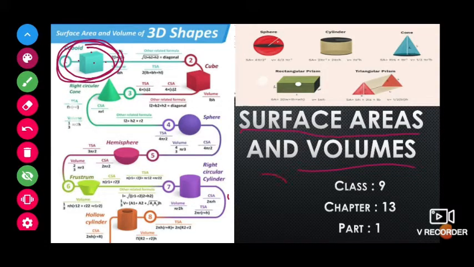We cannot find volume for a 2D shape. For example, if there is a circle, can you find the volume of the circle? No, children, because it does not have any capacity. It is only two-dimensional.